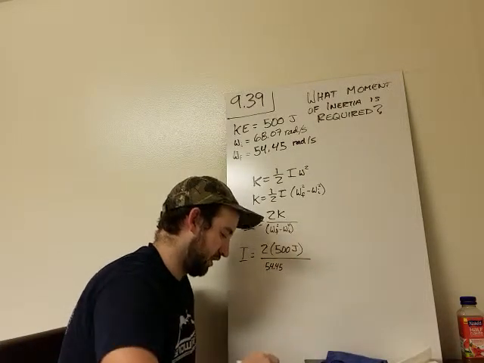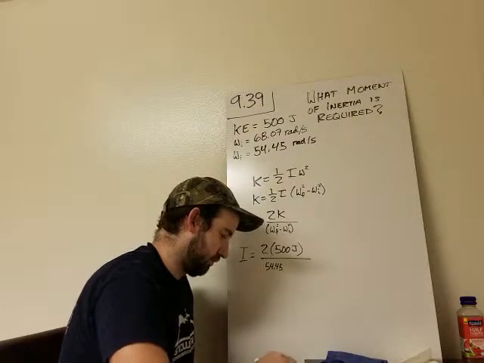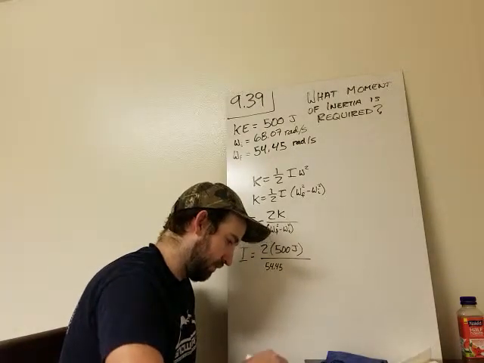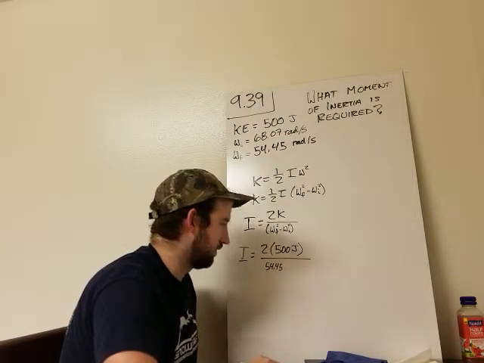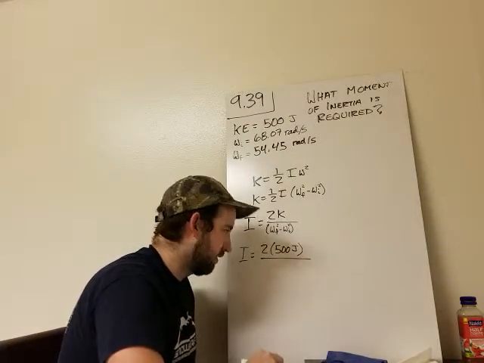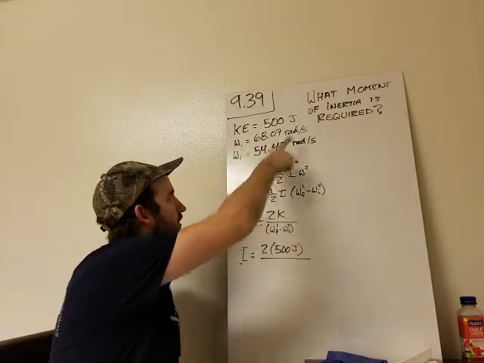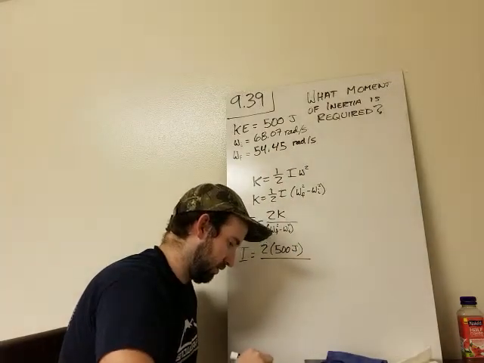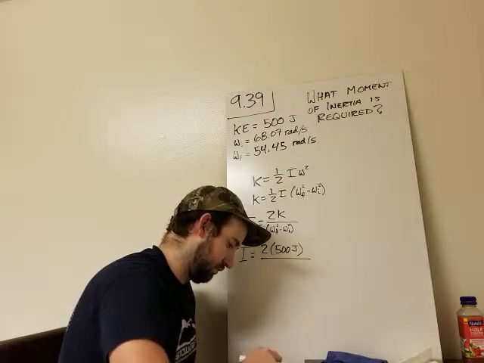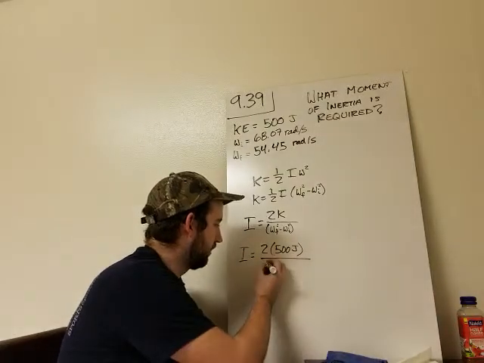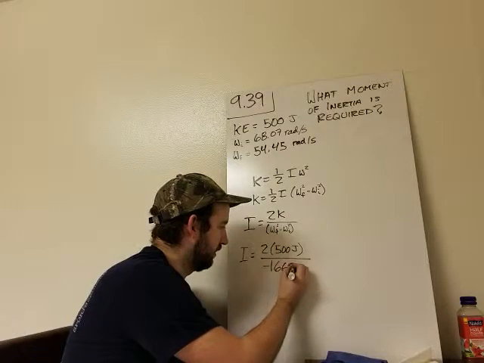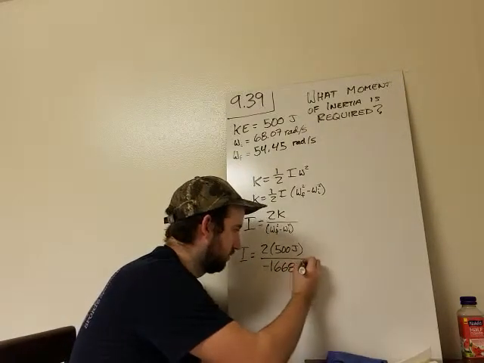Oh, but that's going to be squared. I'll just do this on the calculator. Those are kind of big numbers. But then subtract from the initial squared. And we end up with negative 1668.72.